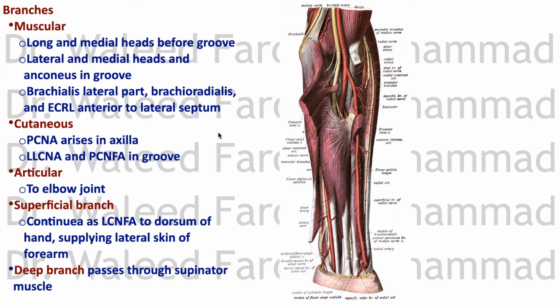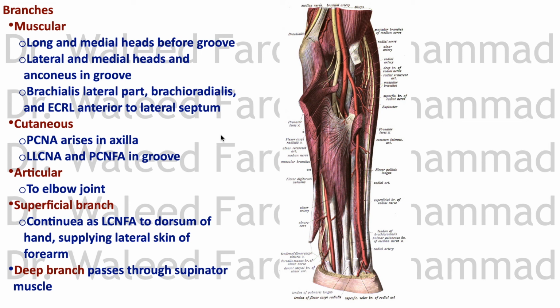Branches: muscular branches to the long and medial heads of the triceps before the groove. In the groove, to the lateral and medial heads and anconeus. It also, in the groove, gives the posterior cutaneous nerve of the arm and the lower lateral cutaneous nerve of the arm.